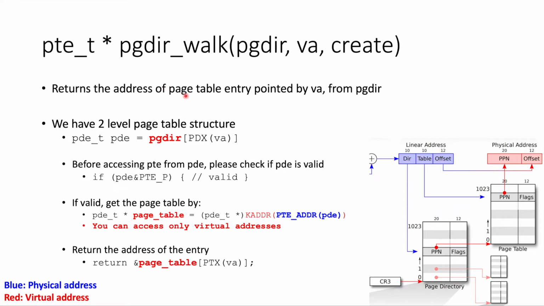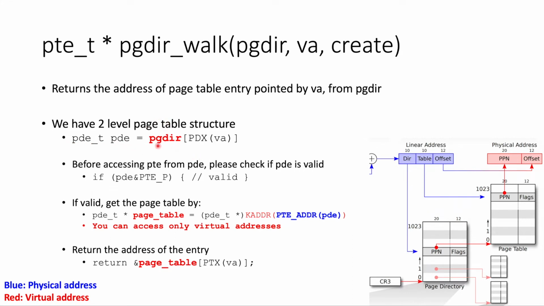To do that, we need to get the page directory index from the virtual address, and we can easily do that by wrapping the virtual address using the macro PDX. Then by using this index, we can index the page directory to get the page directory entry.